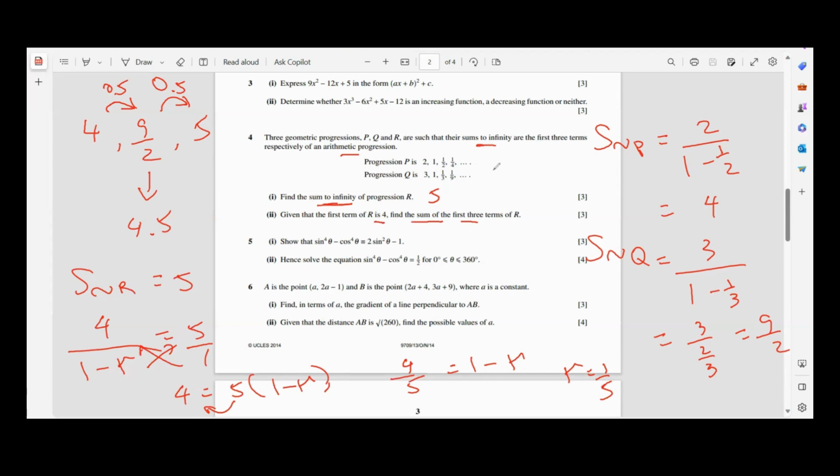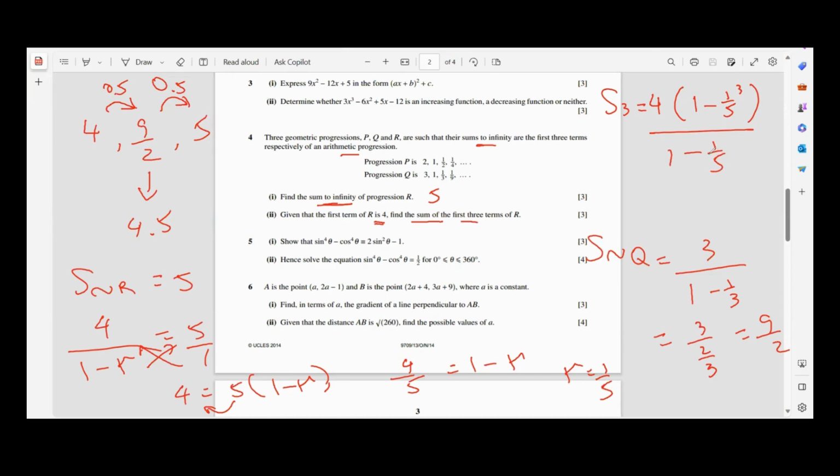So I think we can use directly the formula for S3, the sum of the first 3 terms. So S3 equals U1, which is 4, so 4 times 1 minus the ratio 1 over 5 to the power of 3, over 1 minus 1 over 5.